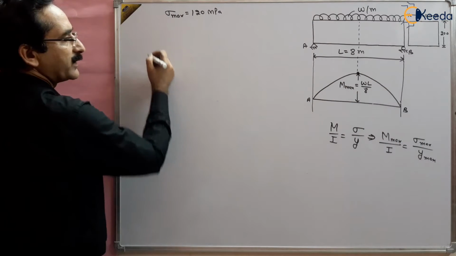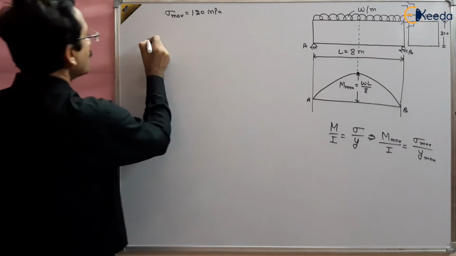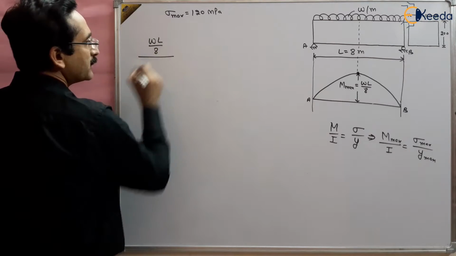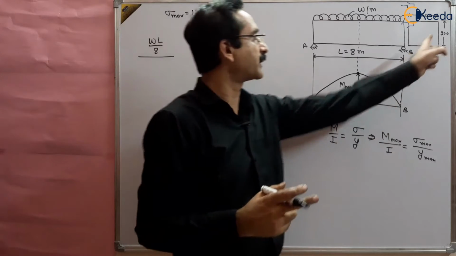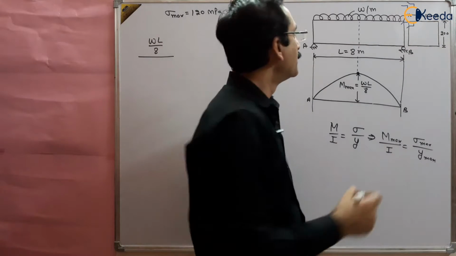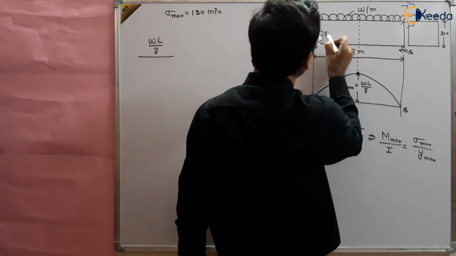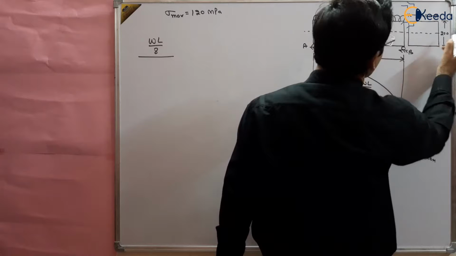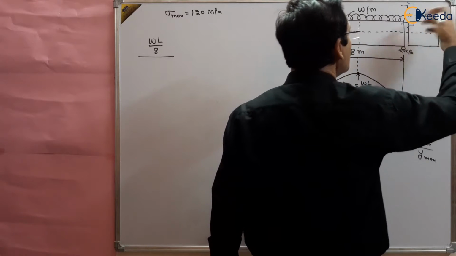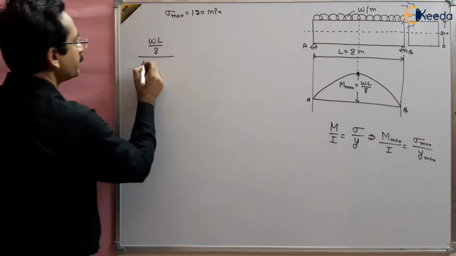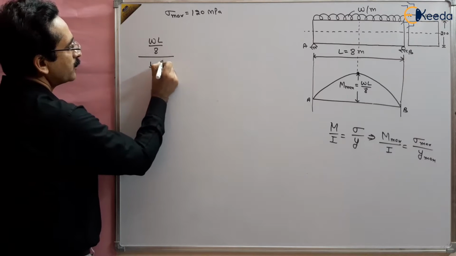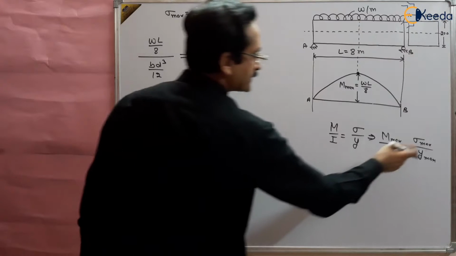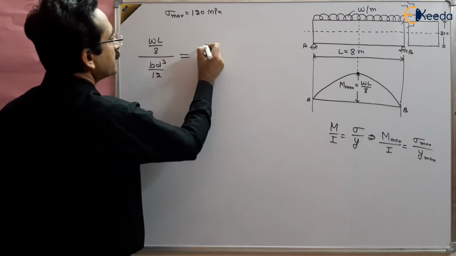M maximum is WL by 8. I is the moment of inertia of a rectangular section, that is BD cube by 12, about the neutral axis. So you will get BD cube by 12, that should be equal to sigma max. Sigma max is given to us.